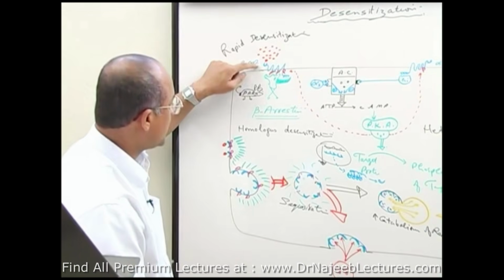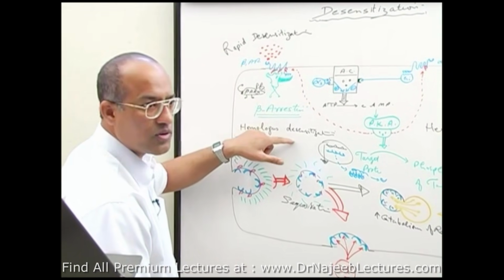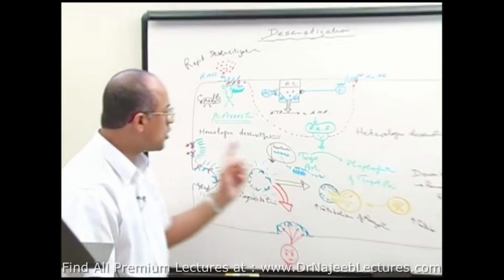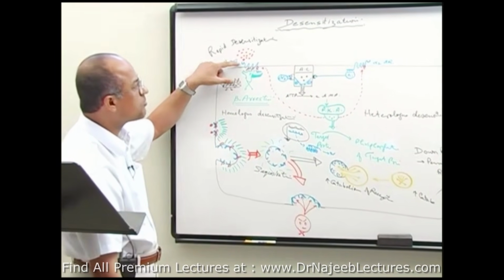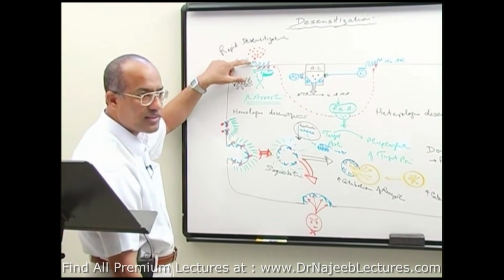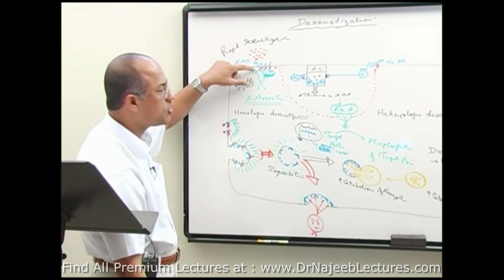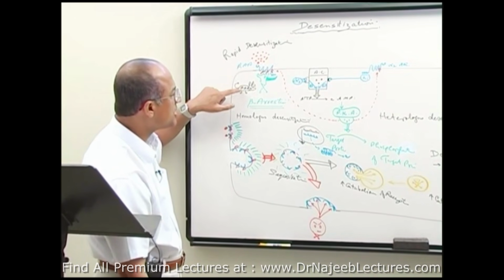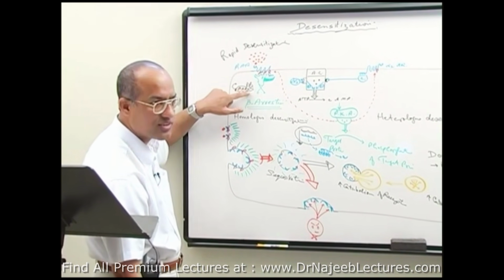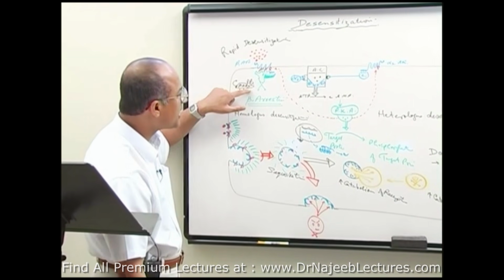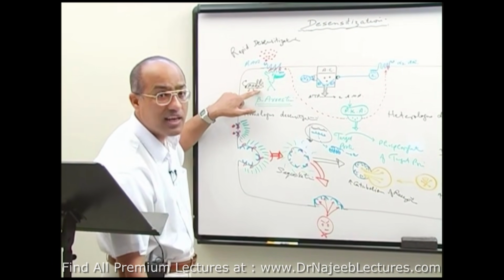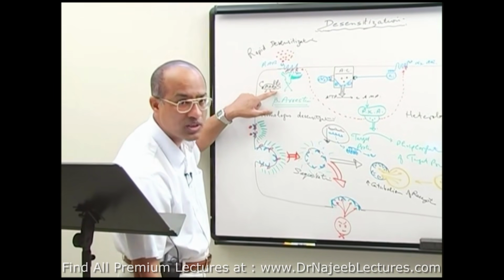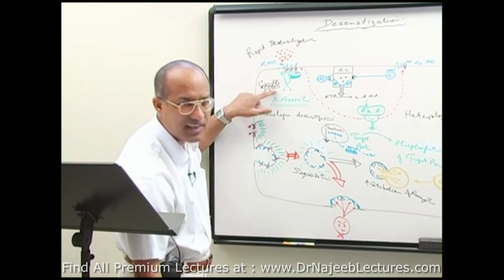Phosphorylation is of two types. There is homologous desensitization and there is heterologous desensitization. In homologous desensitization, the receptor which is loaded with the agonist exposes its intracellular domain to be acted upon by the beta adrenergic receptor kinases. This beta adrenergic receptor kinase is a whole family of enzymes, kinases, which are called G protein coupled receptor kinases.